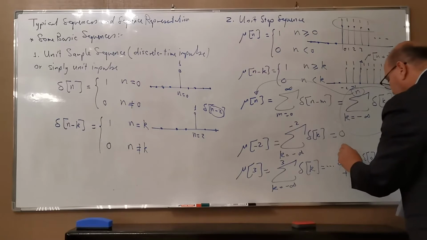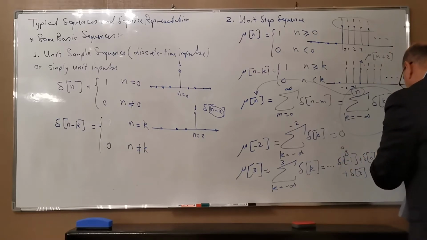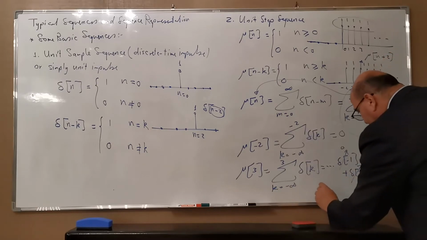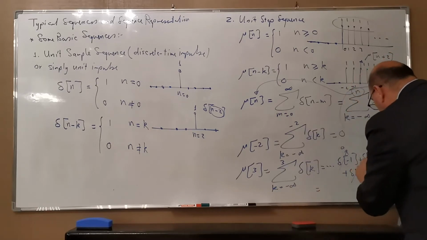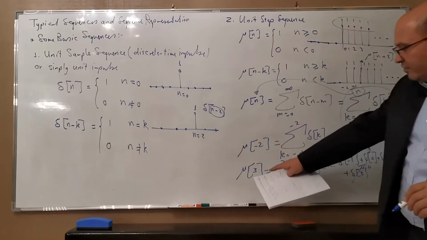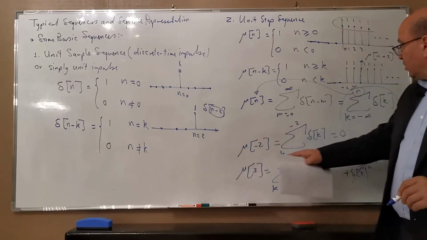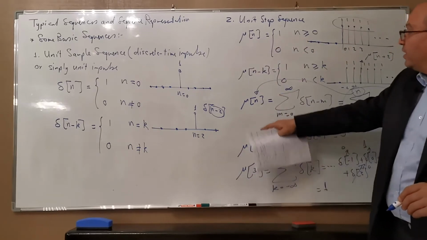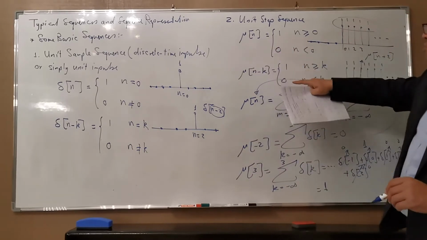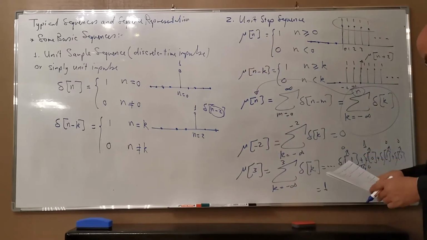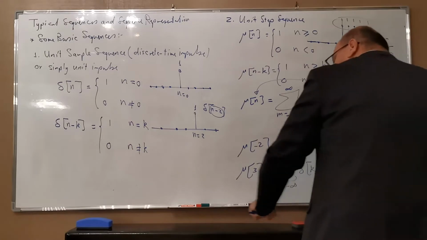Those are all zeros except delta of 0. This one is equal to 1, so the answer is 1. So whenever you have a positive argument for n, you have 1. Whenever you have a negative argument for n, you have 0. So mu of n can be represented in this form here. Okay.